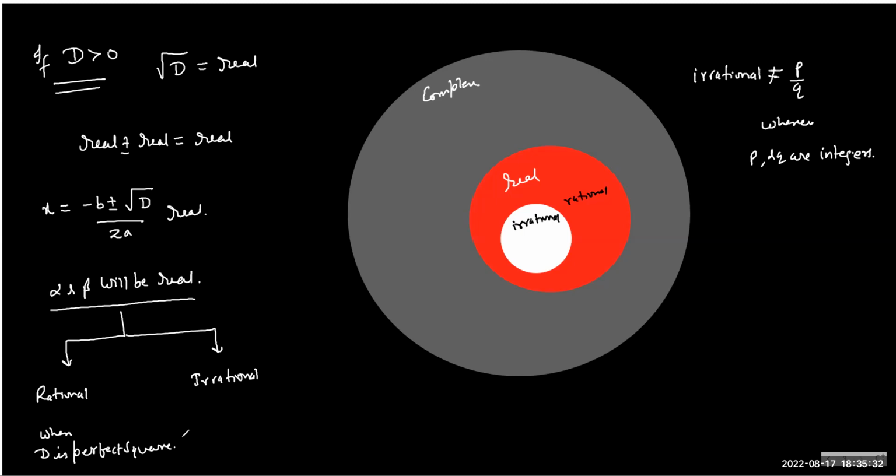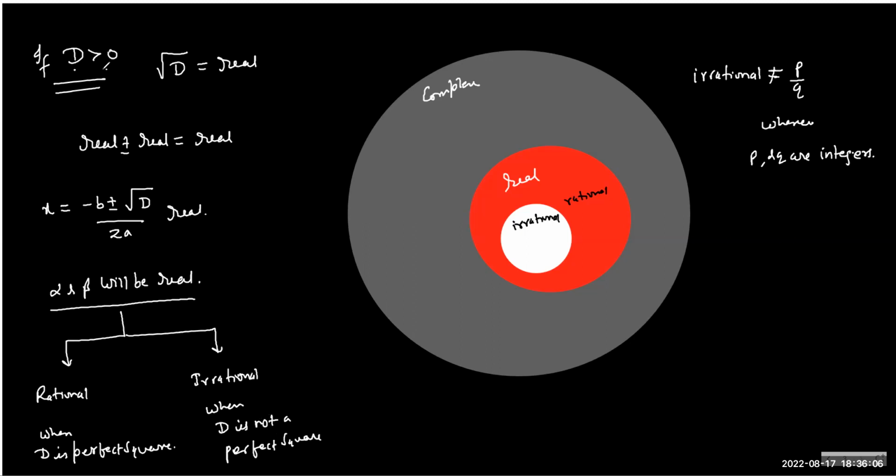If we have a number like this, it will be a perfect square, which we can take out of the root, right? And because it is without the root, eventually we can express it without root. Then this will fall into the category of rational number. And if d is not a perfect square, then the number will be irrational.